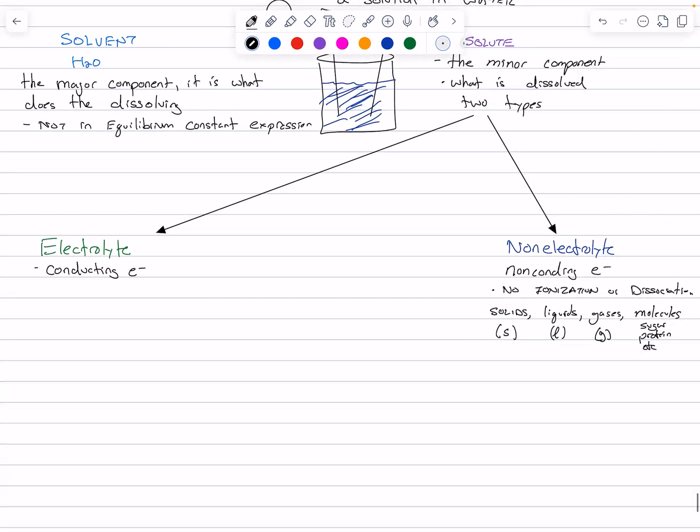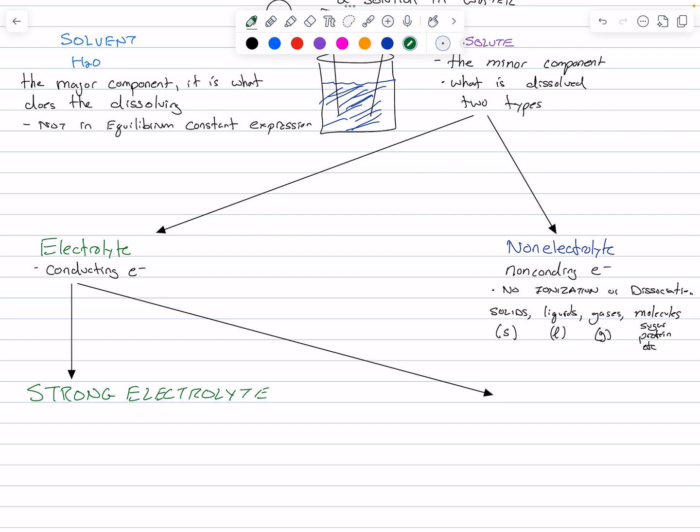There are two types of electrolytes: strong electrolytes and weak electrolytes.